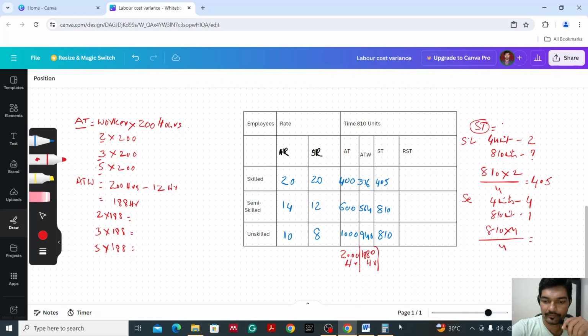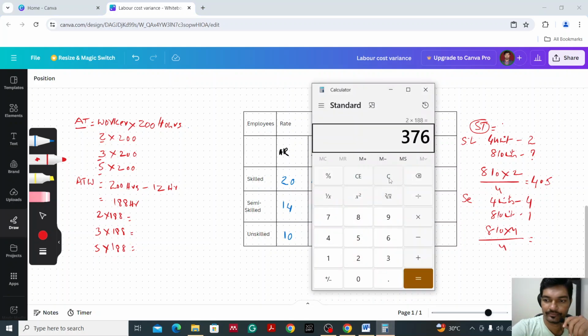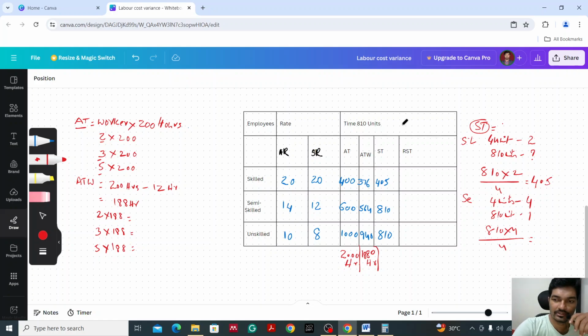Let me calculate this here. 810 into 4 divided by 4. So we are getting 810. Similarly, for unskilled also 4 labor used. So the answer is 810. Same.